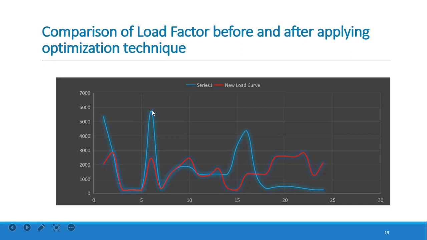At the peak point, it is around 5,000 something, but here the peak point is 2,800. And the minimum one is very less, close to zero. So looking at this, we can perfectly say that by applying this generalized reduced gradient method on a specific load profile with specific characteristics, we can improve our load factor. And by improving the load factor, our system can be an optimal solution to utilize our energy in a better, proper way.